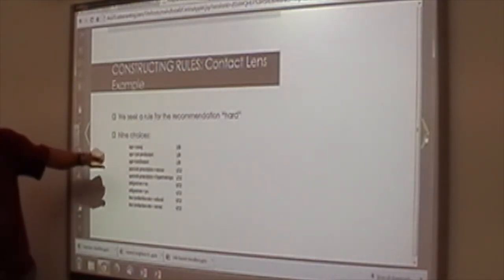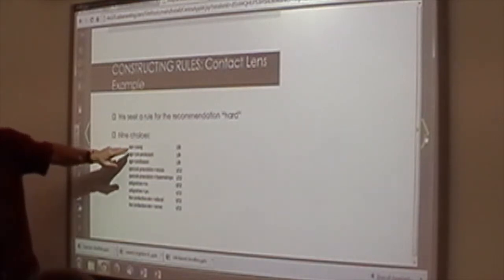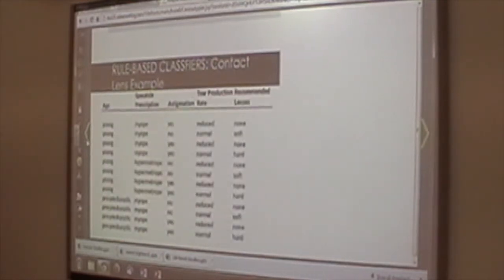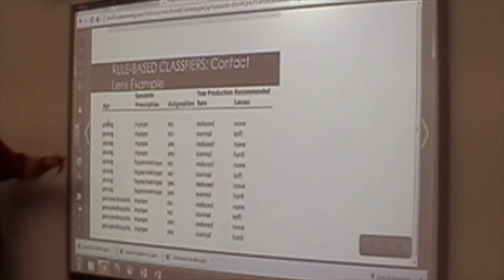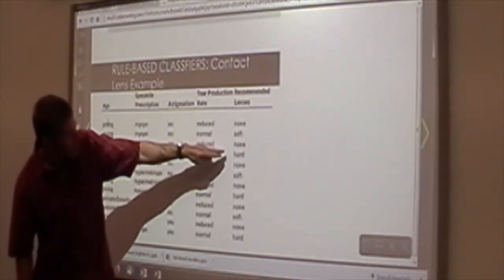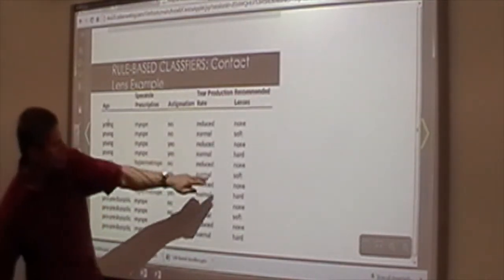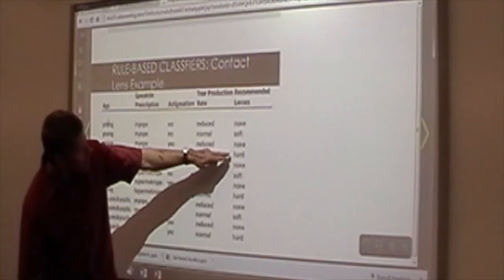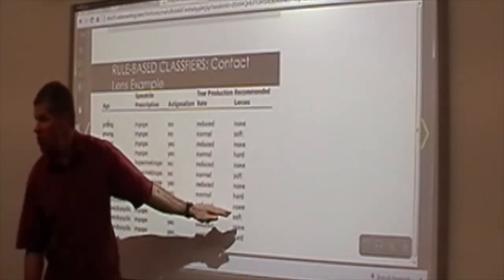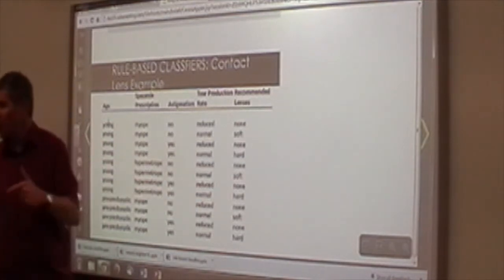So if your age is young, let's back up a couple of slides here. We've got 8 instances where the age is young. Of those, notice that we have exactly 2 in the right-hand column, the 4th one and the 8th one, where the lenses are recommended to be hard lenses.